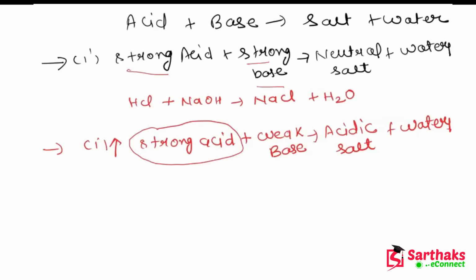Okay, now guys, if I give you an example of this, you can write H2SO4, which is sulfuric acid, and when this sulfuric acid reacts with Mg(OH)2, this is magnesium hydroxide.